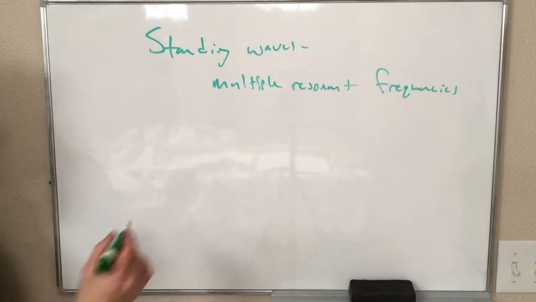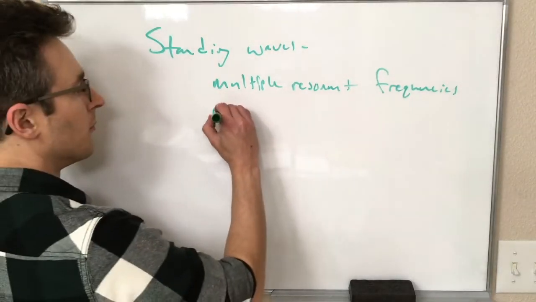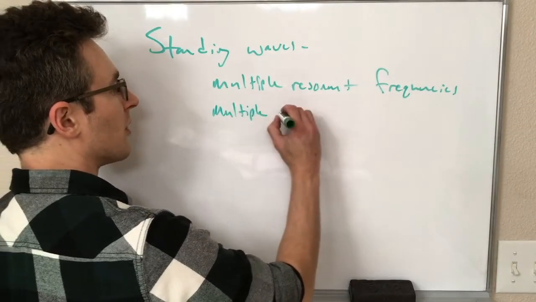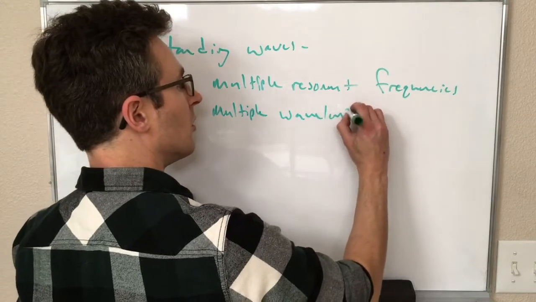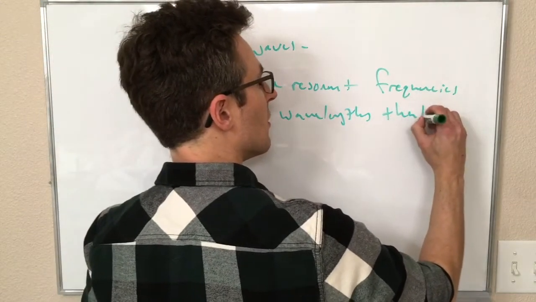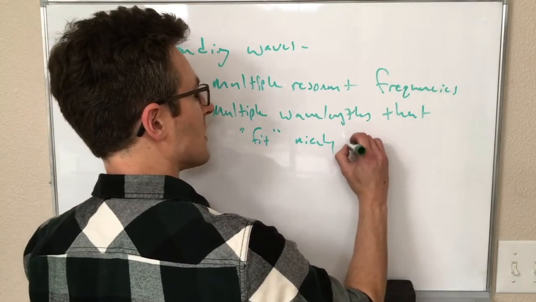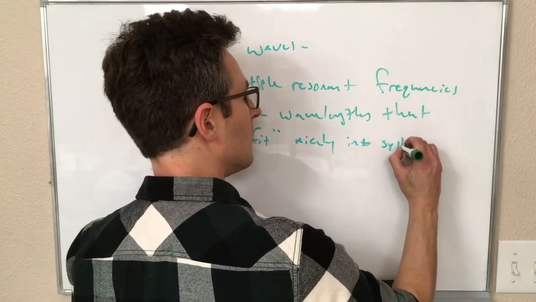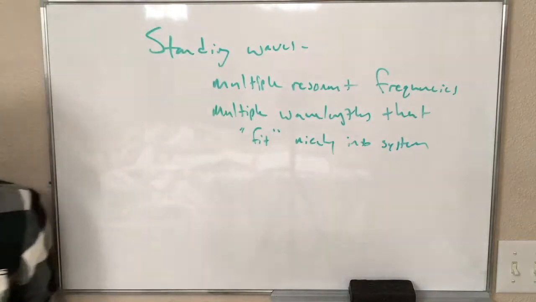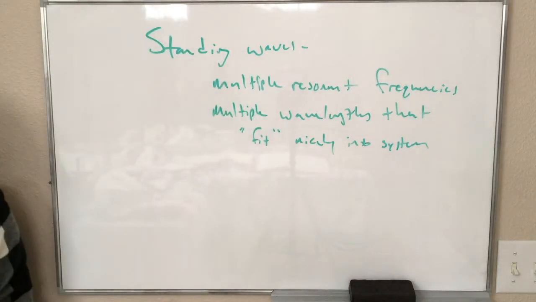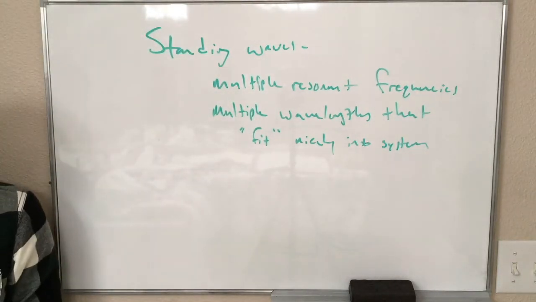So there are multiple resonant frequencies, and therefore multiple wavelengths that we'll say fit nicely into the system. We'll see some picture examples of what I mean by this in a little bit.